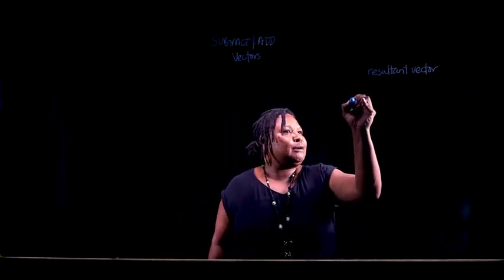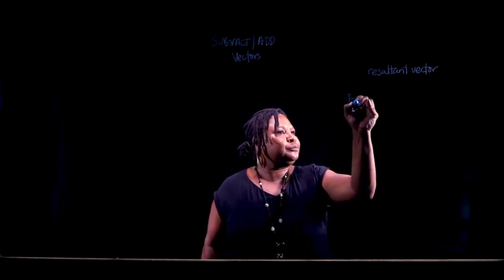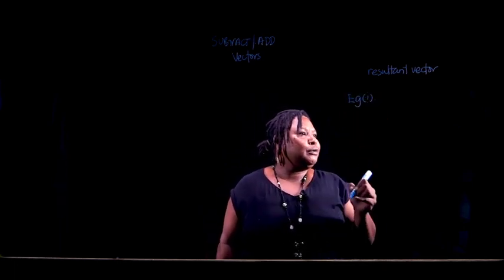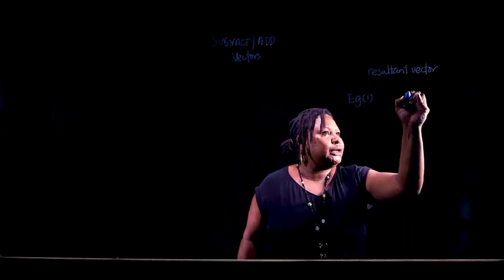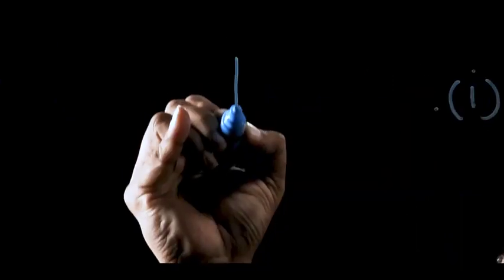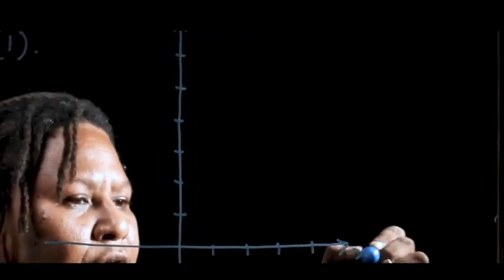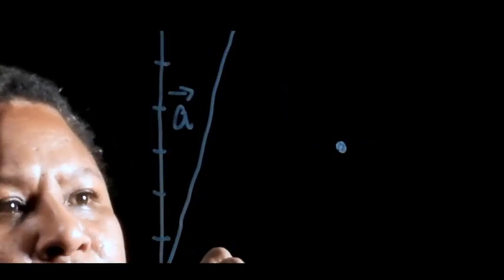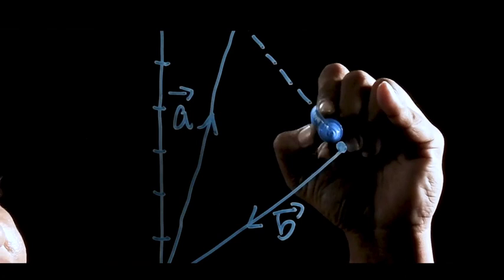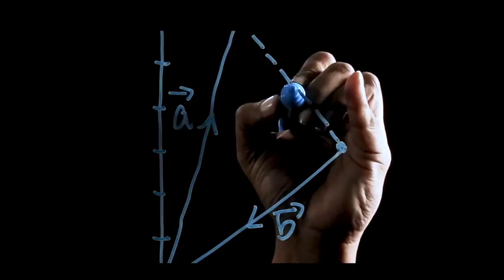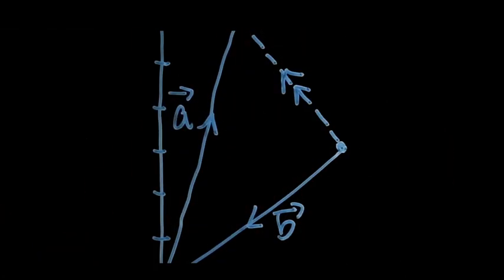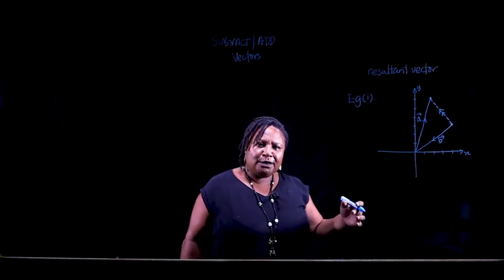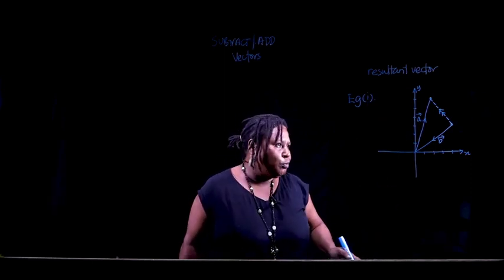So let's look at example number 1, and we're going to draw very quickly a Cartesian plane. From our Cartesian plane, we can find the x and y components.